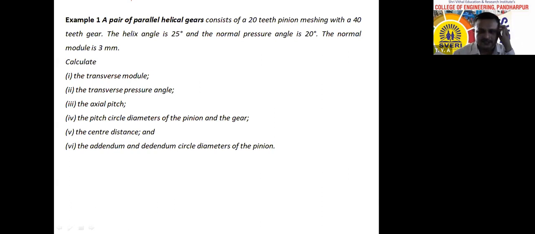The helix angle is 25 degree and the normal pressure angle is 20 degree. The normal module is 3 mm.